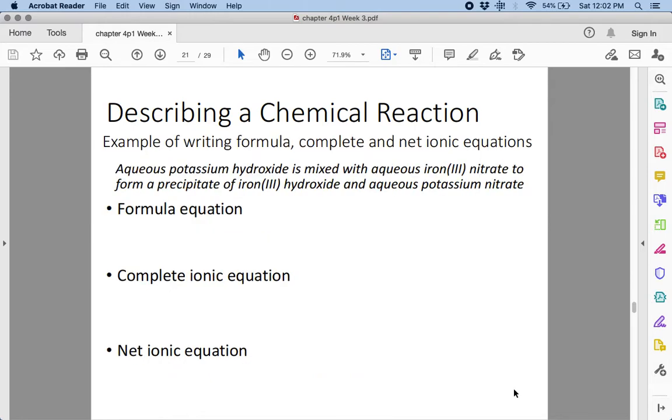So we're going to do an example problem to go through this concept of writing these different chemical equations. So here is our problem. Aqueous potassium hydroxide is mixed with aqueous iron 3 nitrate to form a precipitate of iron 3 hydroxide and aqueous potassium nitrate.